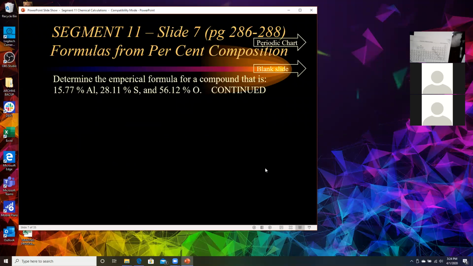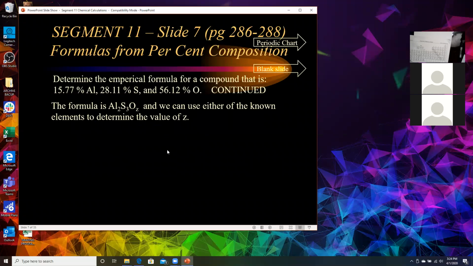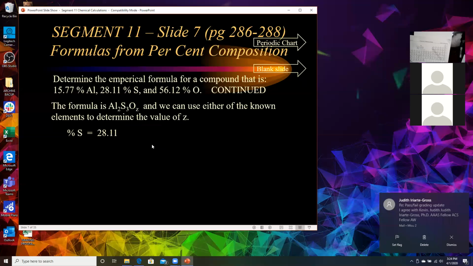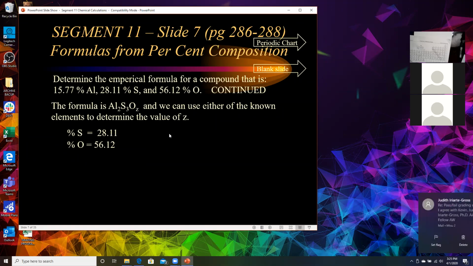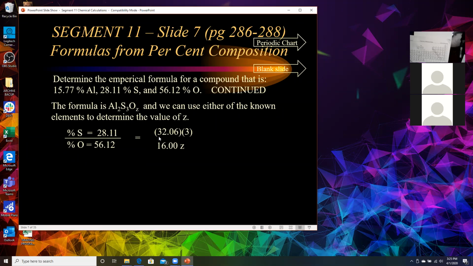Okay, now to get the Z value, we're going to ratio two others out. And now I do want you to understand the structure and the format. Remember what we're doing. I've got the sulfur stuff on the top, and now I know sulfur is a 3. I've got the oxygen stuff on the bottom, and it's a Z down here.